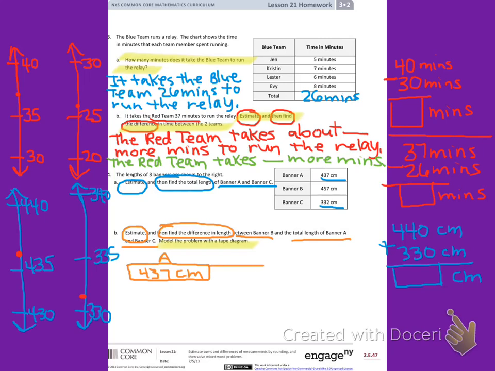Then I will draw another rectangle attached to it for banner C, and that's 332 centimeters, and label that banner C. Together, all together, is the total that you came up with in problem A.